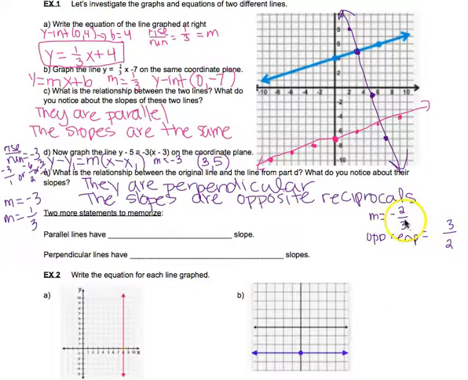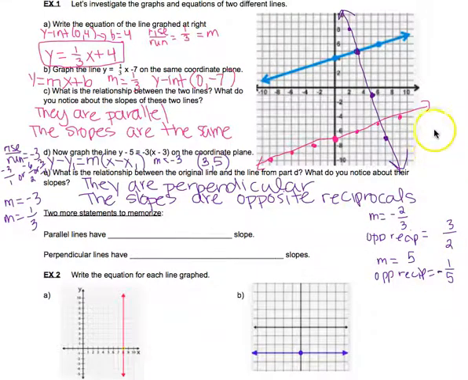So these two values would be opposite reciprocals of one another. If I had a slope of, say, +5, the opposite reciprocal of that, 5 is really 5/1, so when I flip it, it becomes 1/5. This is positive, so I would make my opposite reciprocal negative. So I hope that illustrates for you.